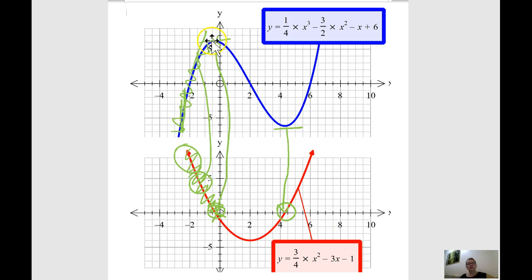Now we're going to look at between our maximum point here and our local minimum point there. What's happening to my function? It's decreasing. So in that whole time, my derivative is negative because my function during that entire time is decreasing.